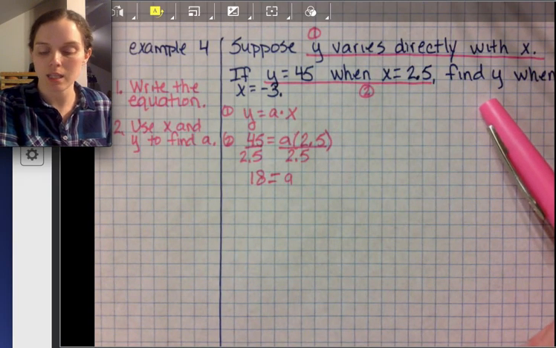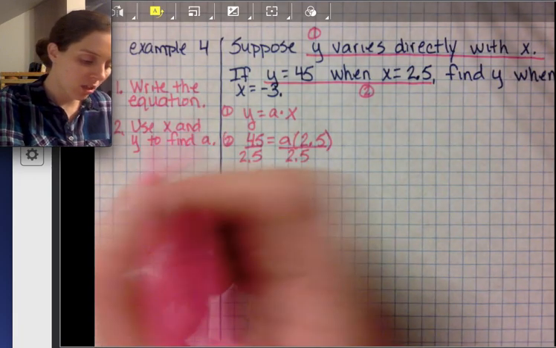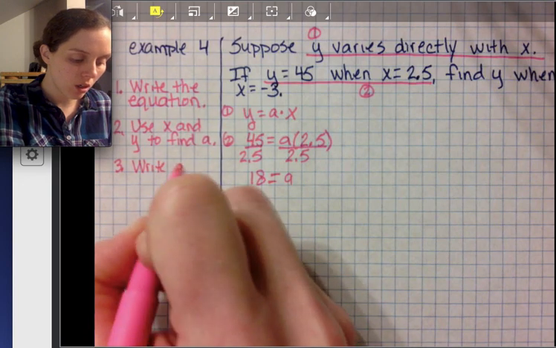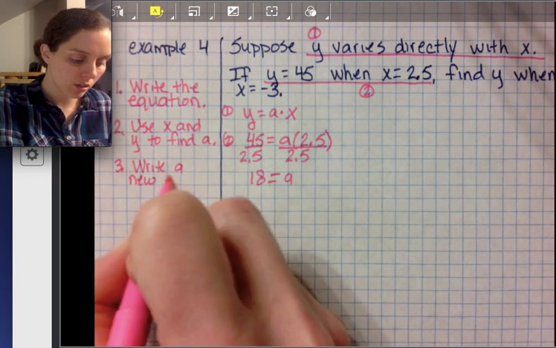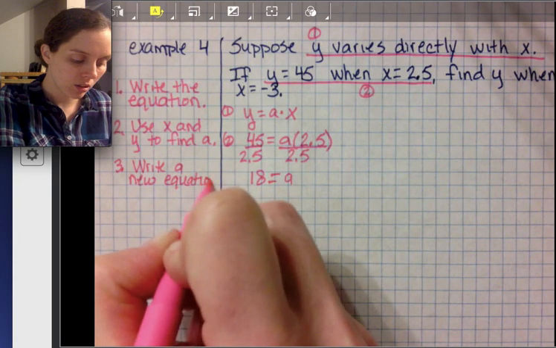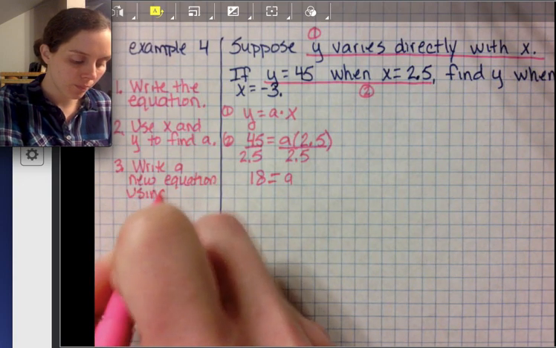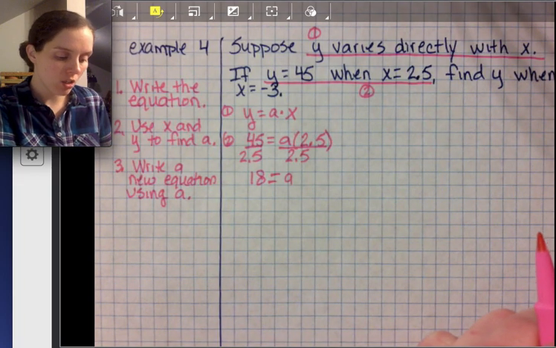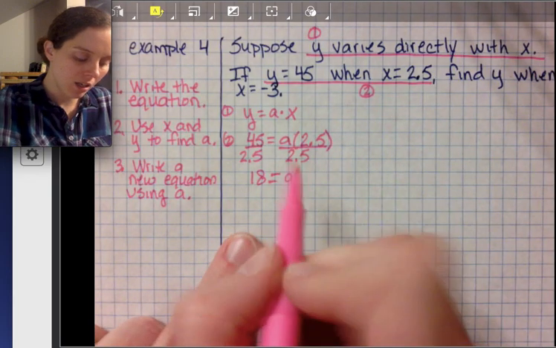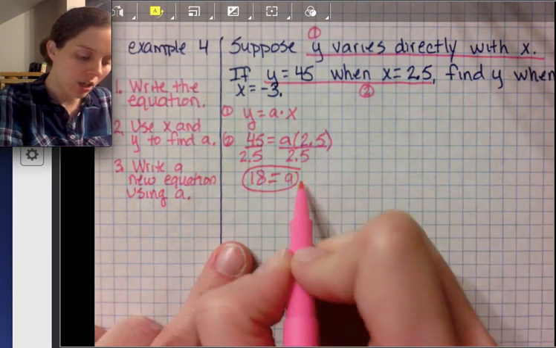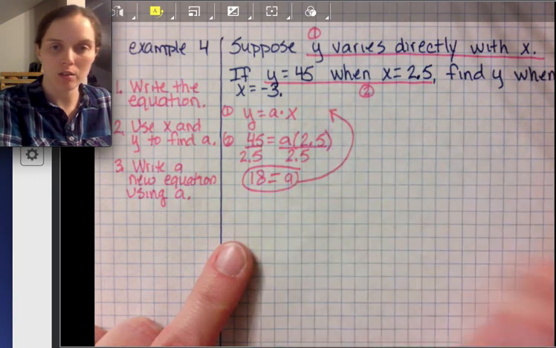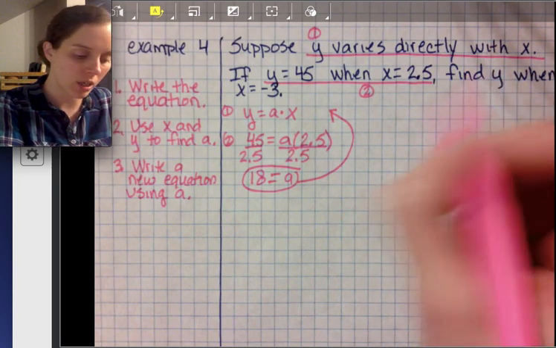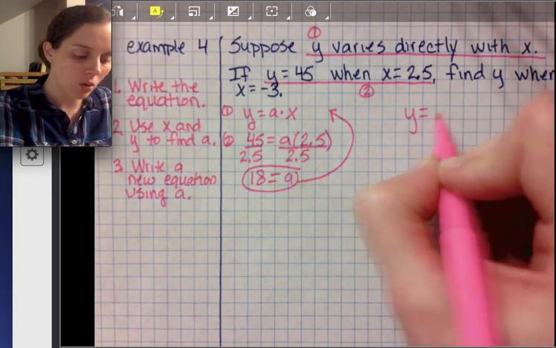We need that to do this last step. Find y when x equals -3. So that's our third step. We have to write a new equation using a. This a of 18 is going to go into this original equation, and that's going to be my new equation, not any of the numbers, just the a is the only number in here. So it's going to be y equals 18x.